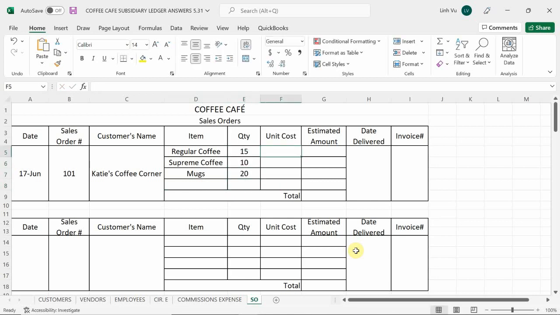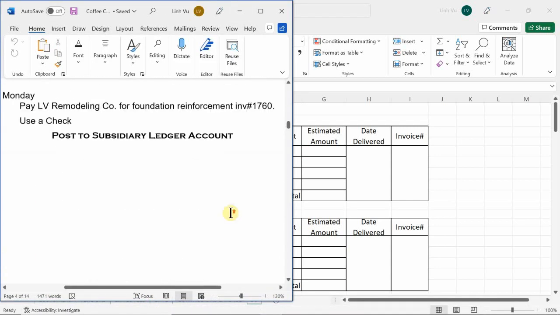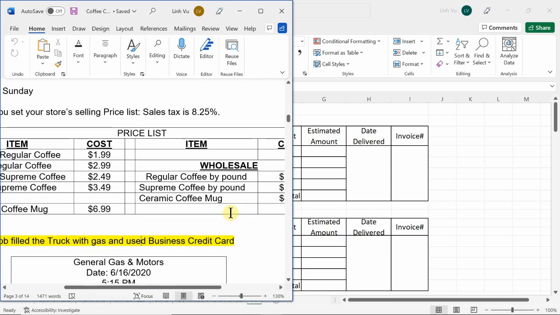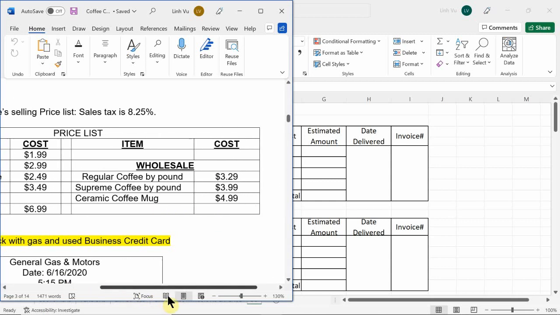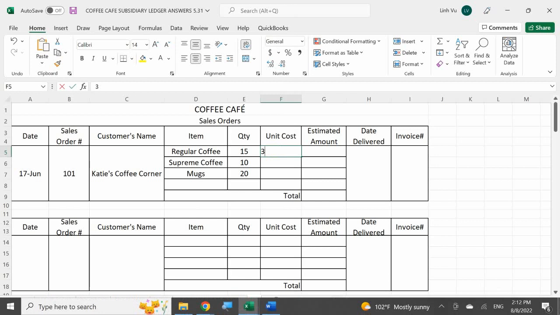Now what's my unit price? Well, let's take a look at our chart that we had earlier. How much did we charge for each item for wholesale since they're buying by the pound? In this case, we charge for regular coffee $3.29 per pound. For the Supreme coffee, $3.99. And for the coffee mugs, it's $4.99. So that's exactly what we need to know.